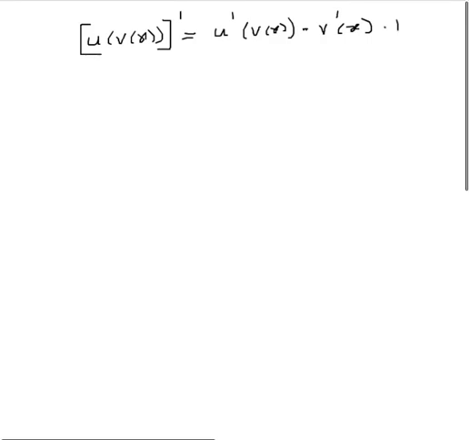Differential of x is 1. So remember, the outer function should be differentiated first, and then the inner function has to be differentiated. This is known as chain rule.